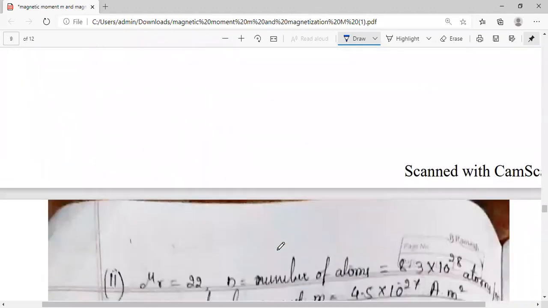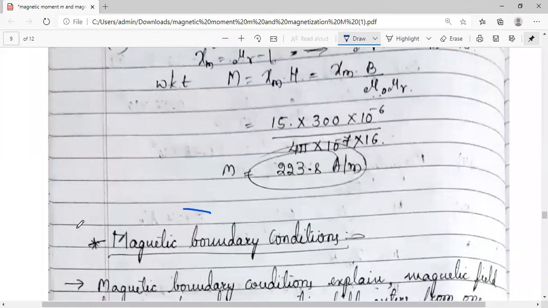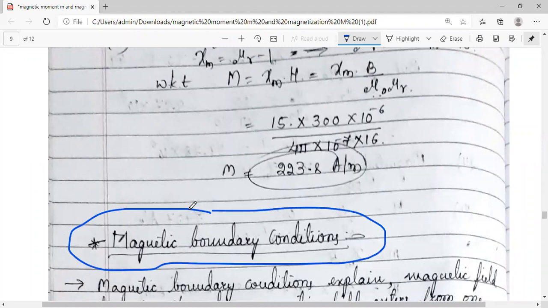Now let us move to the next concept. It is the same repetition. Okay. Next concept, magnetic boundary conditions. See this term, boundary conditions. This is not the first time that we are looking here. We have already studied some introduction part about boundary conditions somewhere previously also.